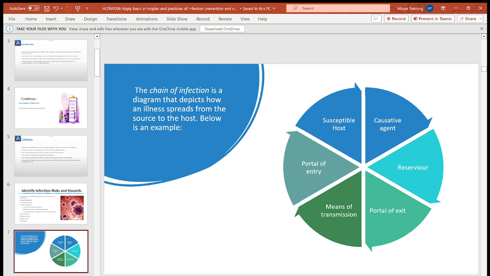If you go to the toilet and after using the toilet you don't wash your hands appropriately, of course you become the causative agent that is going to be taking this infection from one person to the other.